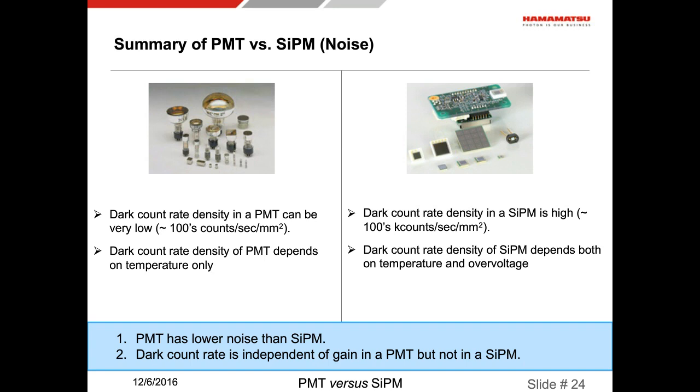Dark counts in SiPMs can be very high, on the order of hundreds, in some cases even thousands of kilocounts per second per millimeter squared. For PMTs, dark count rate density depends only on temperature, whereas for a SiPM, we have both temperature and overvoltage dependence.